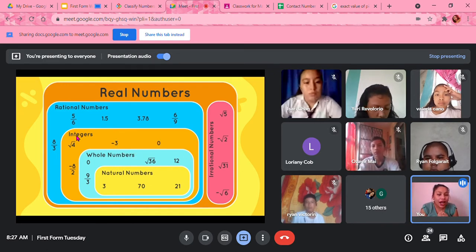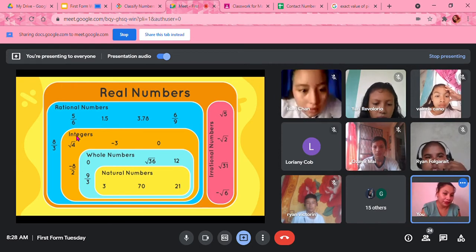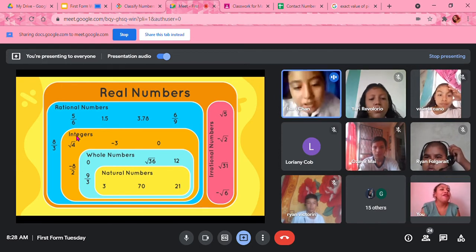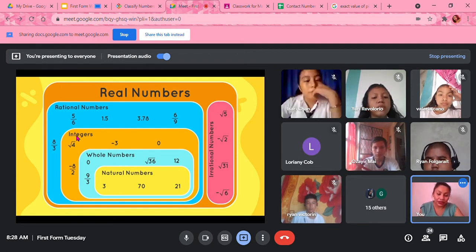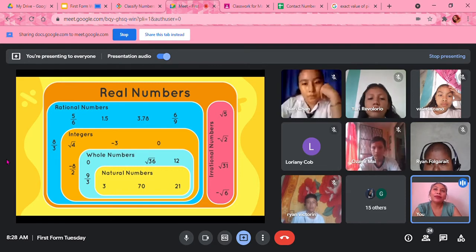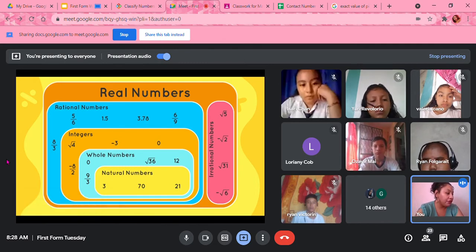So if I'm talking about the number 21, where do you see 21 in that picture? Natural number. Very good. Under the natural numbers. Now, tell me all the kinds of numbers that 21 is.